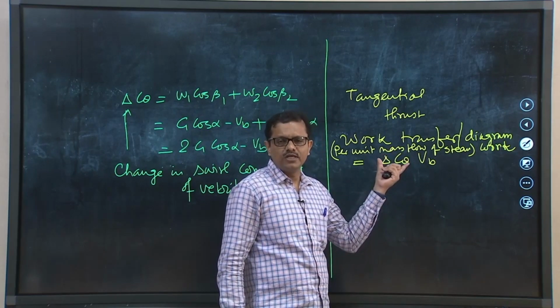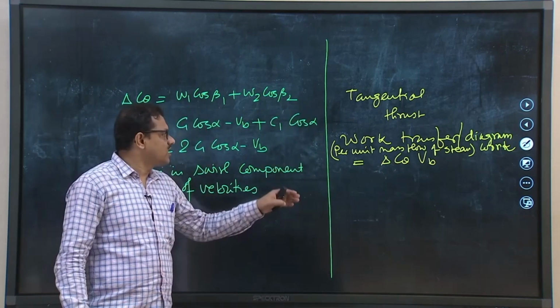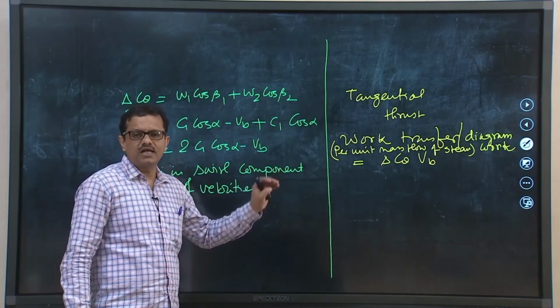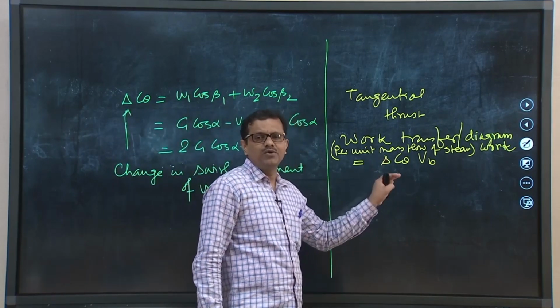So, if we now try to quantify the blading efficiency or diagram efficiency, then we also need to write the input energy.